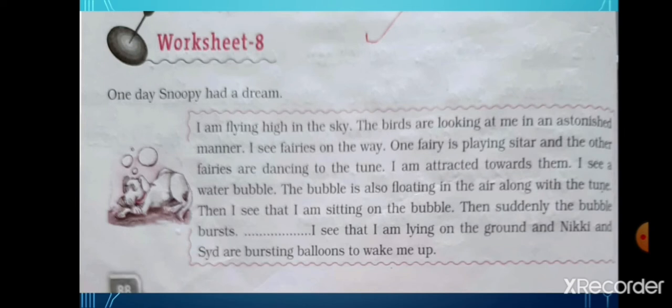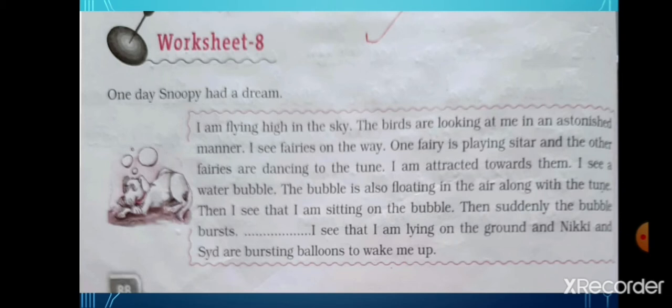I see a water bubble. The bubble is also floating in the air along with a tune. Then I see that I am sitting on the bubble. Then suddenly the bubble bursts. I see that I am lying on the ground. And Nikki and Sid are bursting balloons to wake me up.